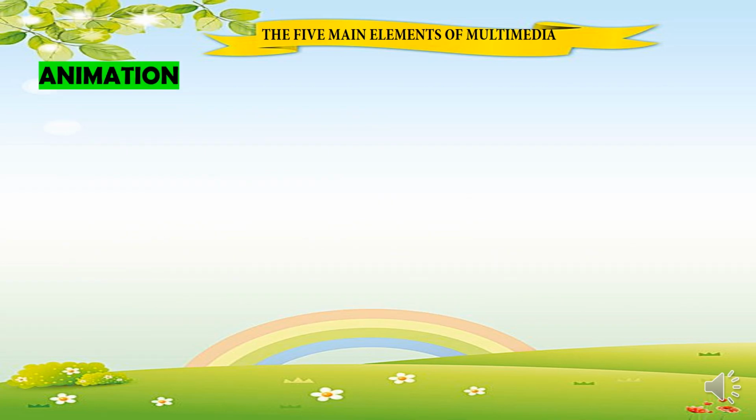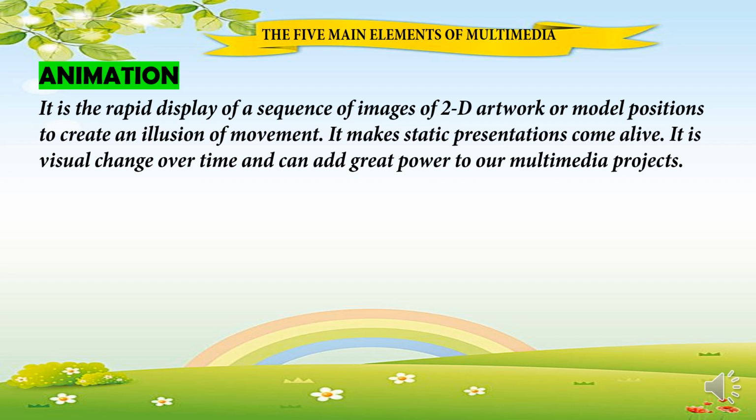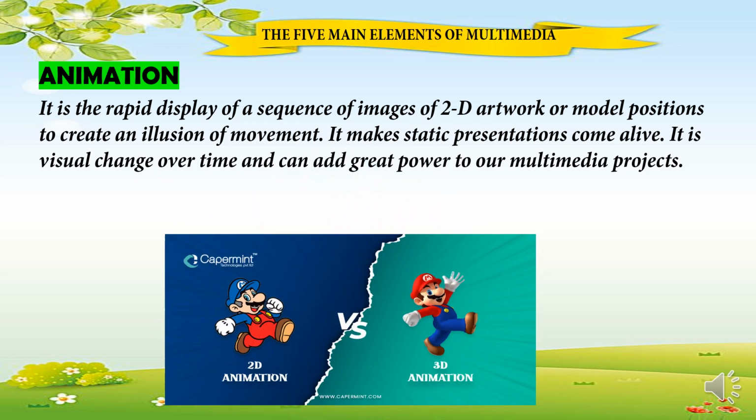And we have the last one, the animation. It is the rapid display of a sequence of images of 2D artwork or model positions to create an illusion of movement. It makes static presentations come alive. It is visual change over time and can add great power to our multimedia projects.